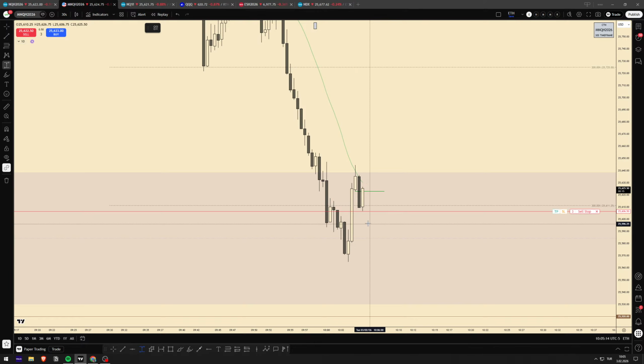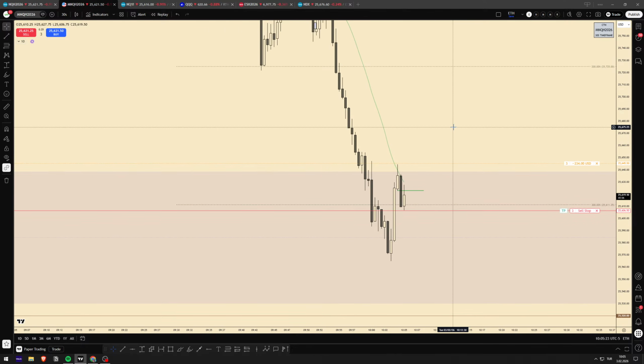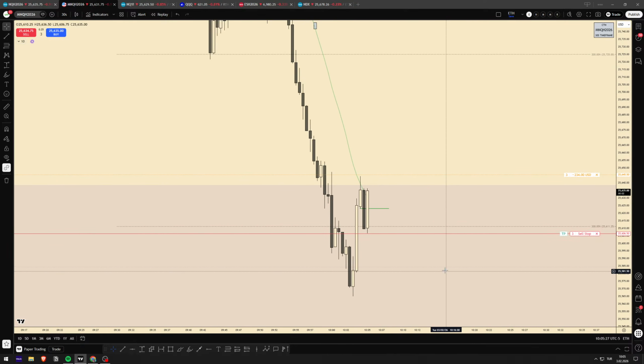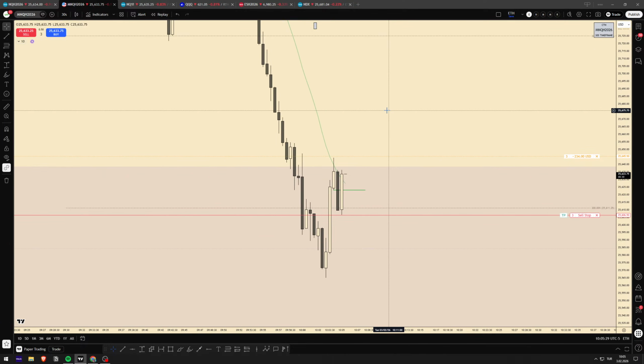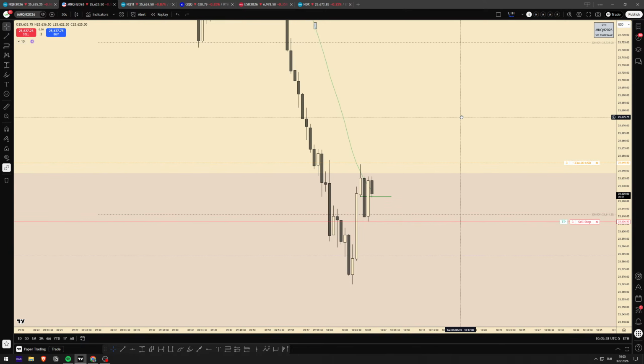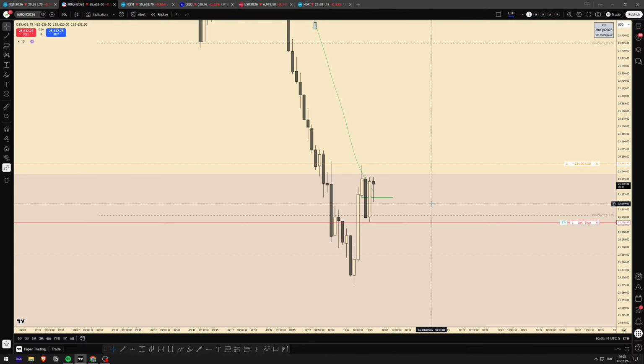TradingView is sometimes slow. And I will just wait for the closure of this candlestick. If this candlestick closes, I will stop it.